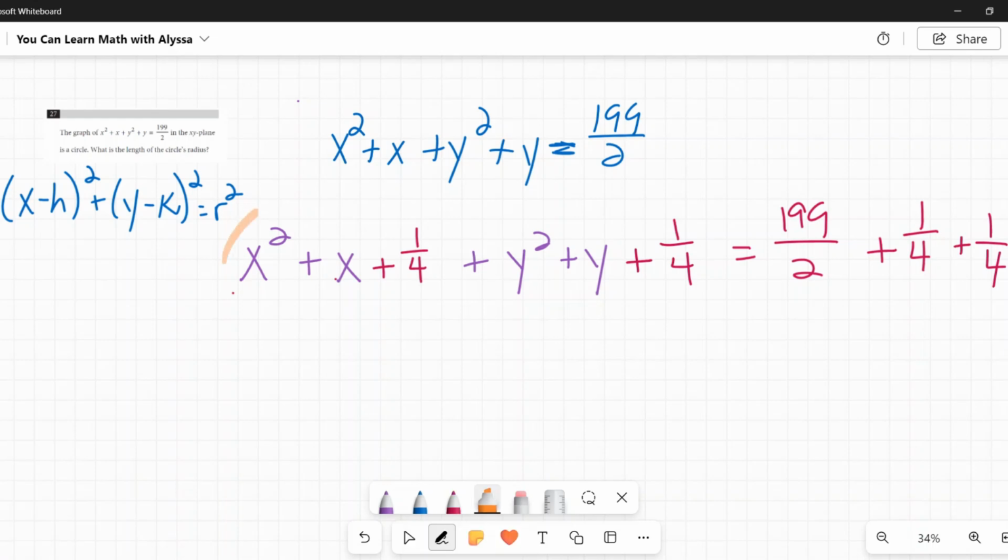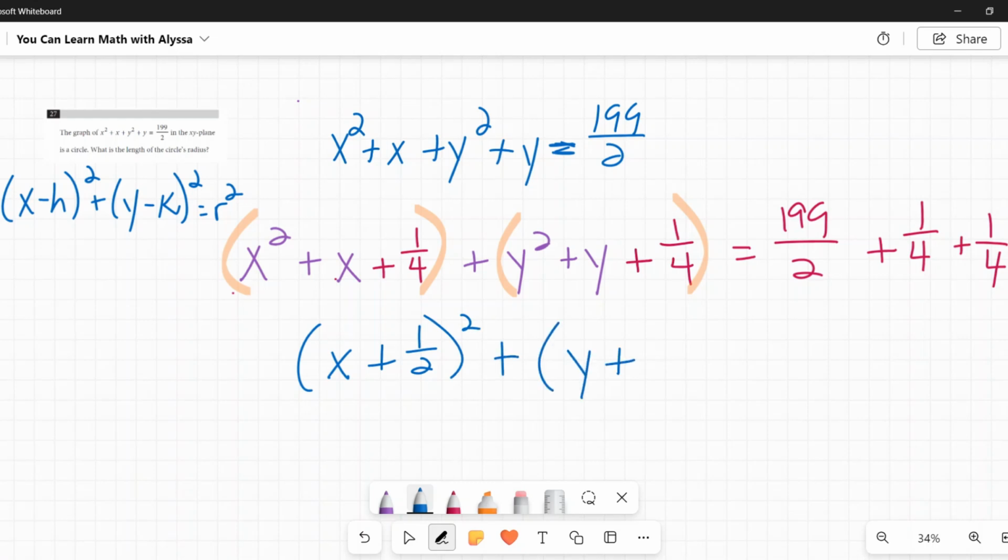All right, I'm going to rewrite these as their new perfect square selves. So here we have x plus 1/2 squared. I just like things to be nice and neat here. And then y plus 1/2 squared equals, now over here, 199 over 2 are 199 halves, plus 1/4 plus 1/4. Now, first off, if I was just adding these two together, I would need to change this denominator.